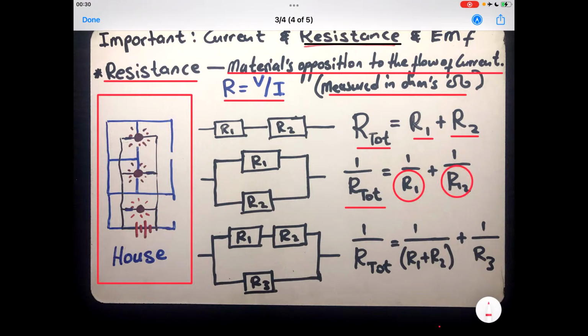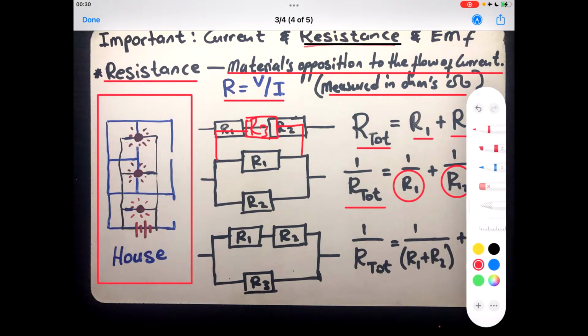It all depends on how many resistors you have connected in parallel. So if, for example, you had another resistor still connected in parallel, maybe R3, you are still going to add 1 over that R3. If you had the fourth one, you are still going to do the same.